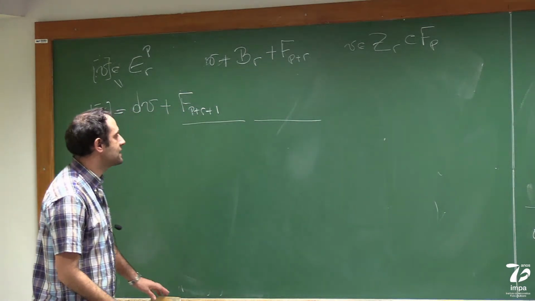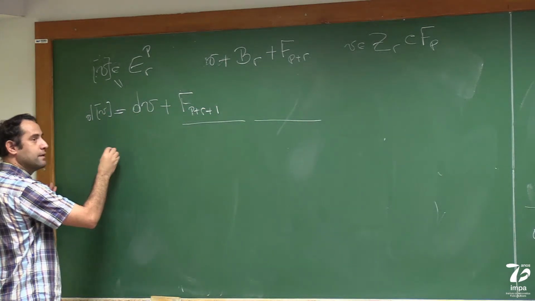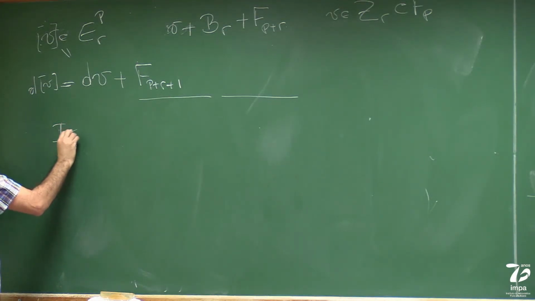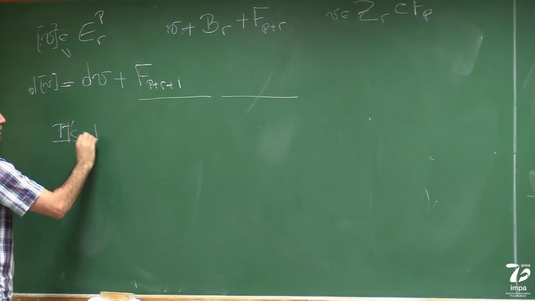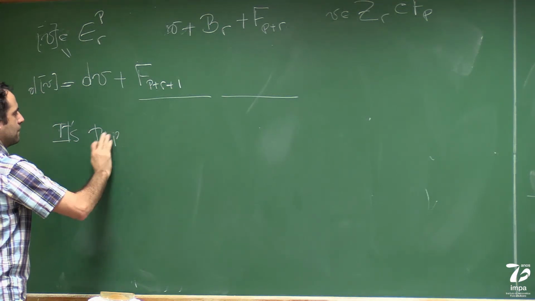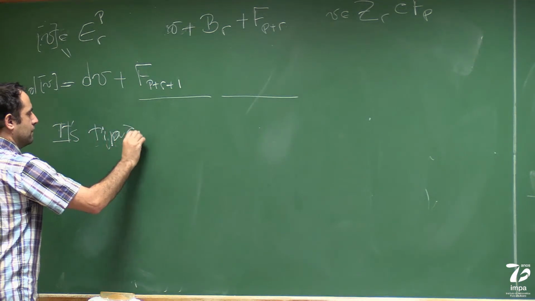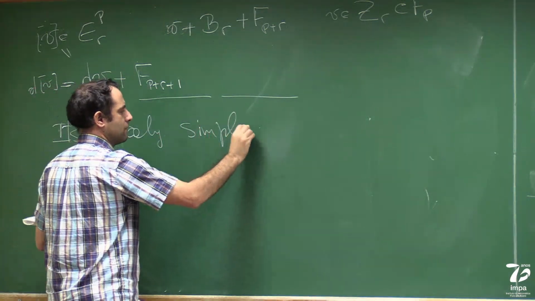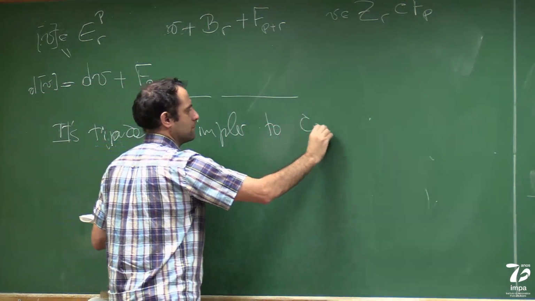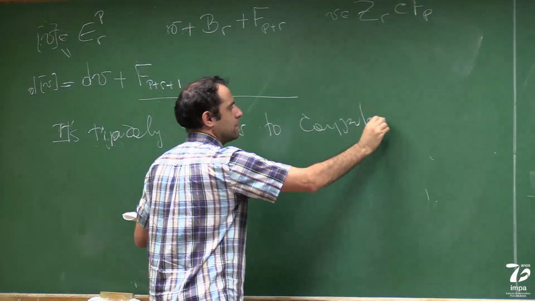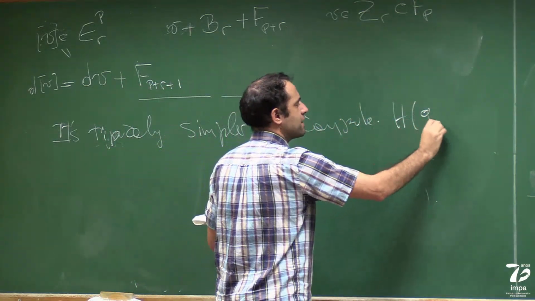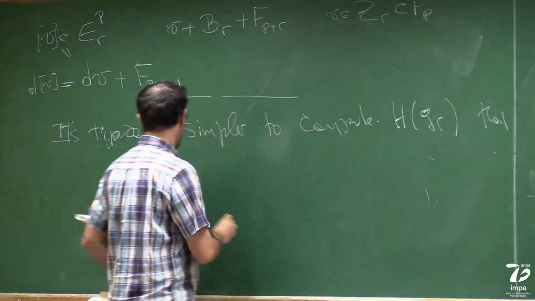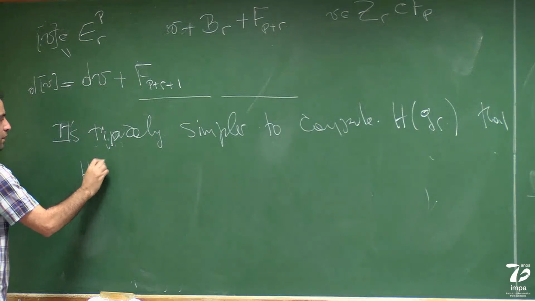And the reason why this works is that it's typically much simpler to compute the homology of associated graded objects than the homology of the complex itself.